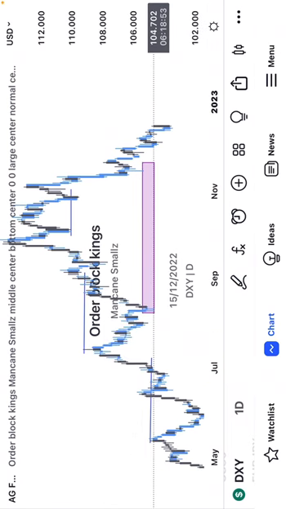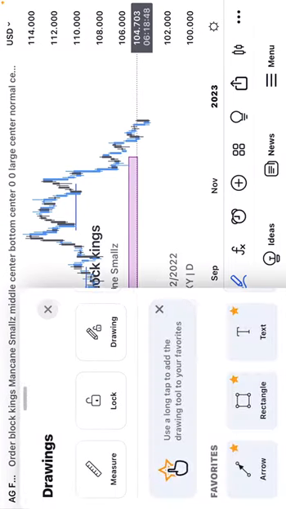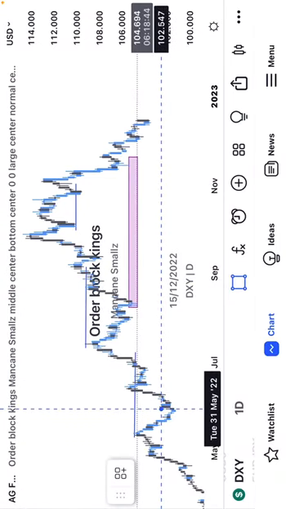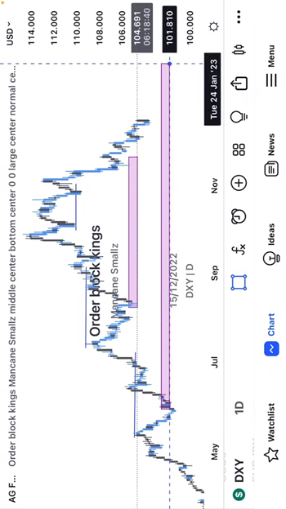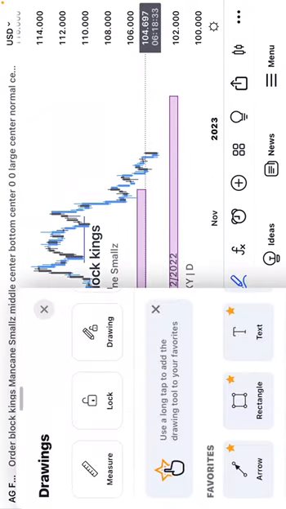So I'm expecting this dollar index to go all the way to this demand here. This is the demand where I will start to look for my buying opportunities of this dollar index.